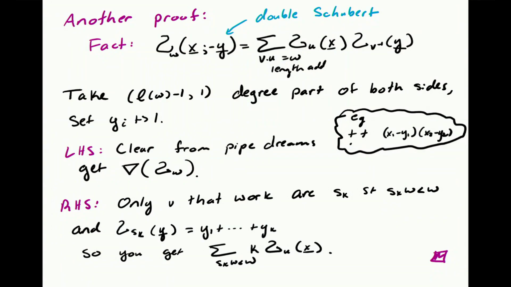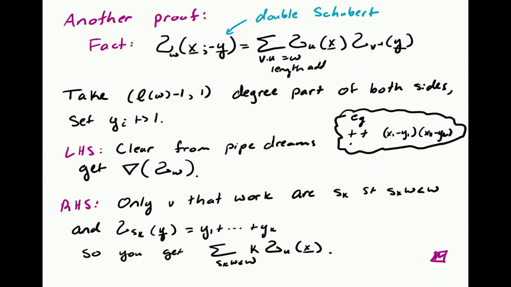But you can take this Cauchy identity for double Schubert polynomials, which expresses a double Schubert polynomial as sums over length additive factorizations of W into products V times U. You get this piece that's an ordinary Schubert polynomial in X's and an ordinary Schubert polynomial in Y's, and you sum up a bunch of products like so. So what you can do is you can take the length of W minus 1, comma 1 degree part.